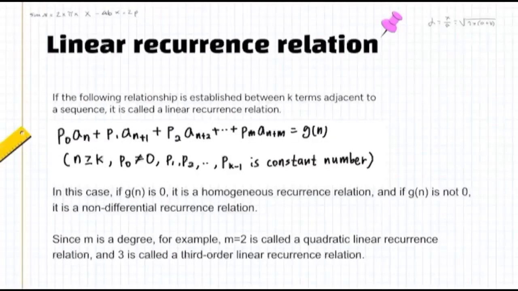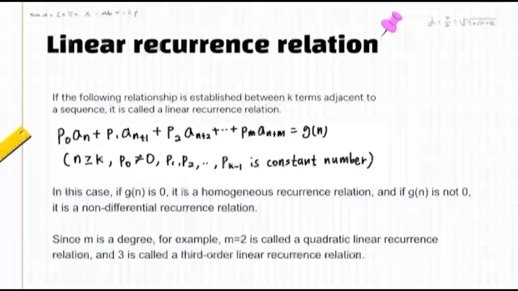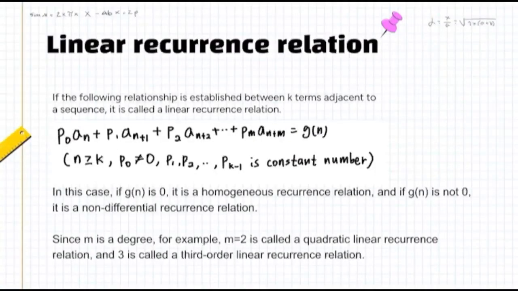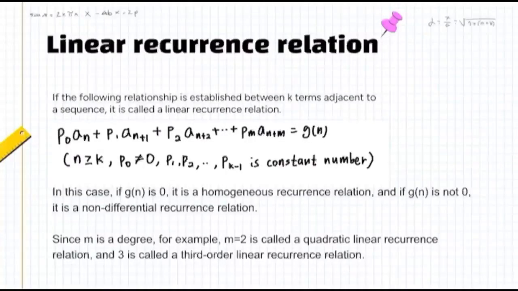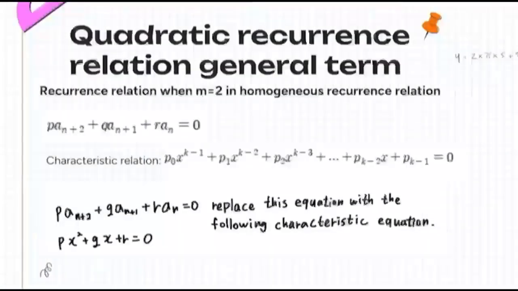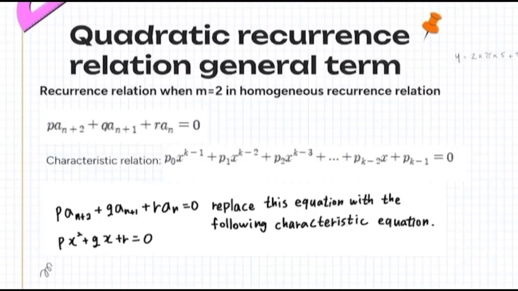Since m is a degree, for example, m equal 2 is called a quadratic linear recurrence relation, and 3 is called a third-order linear recurrence relation. So in other words, quadratic linear recurrence relation is the recurrence relation when m equals 2 in homogeneous recurrence relation.